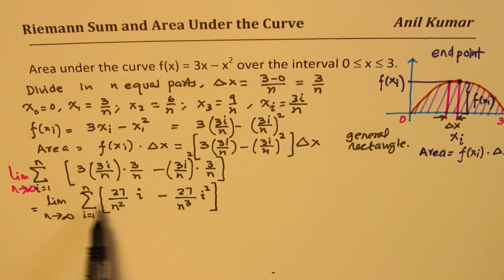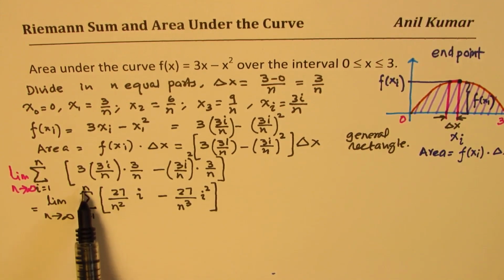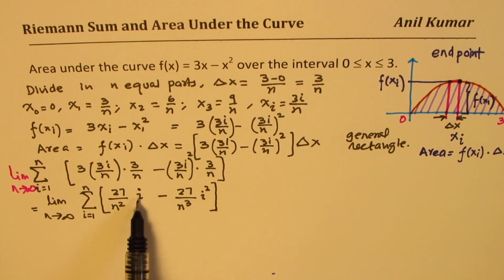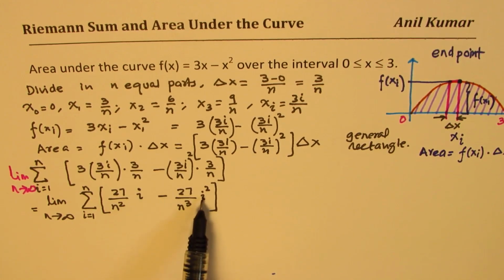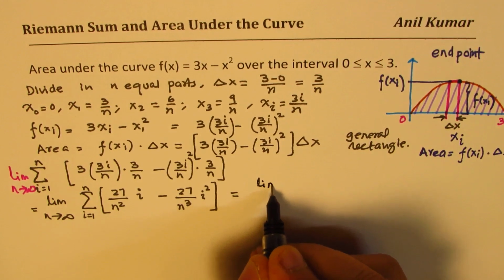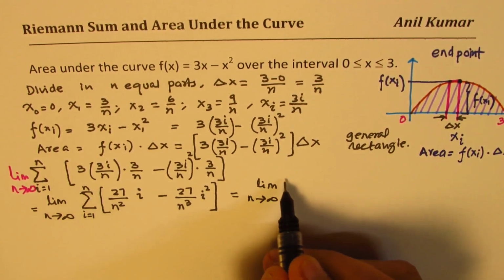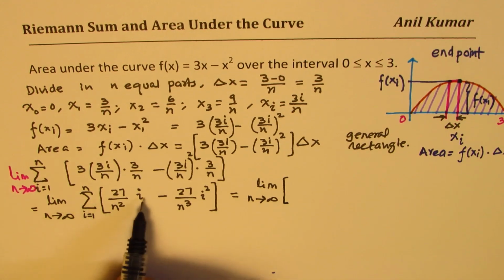Well, sum of integers, where integers are from 1 to n, we have a formula. Sum of natural numbers, sum of squares of natural numbers, we have a formula, correct? We are going to use that formula now. So we get here limit n approaches infinity, and what do we get here? We'll sum this up.